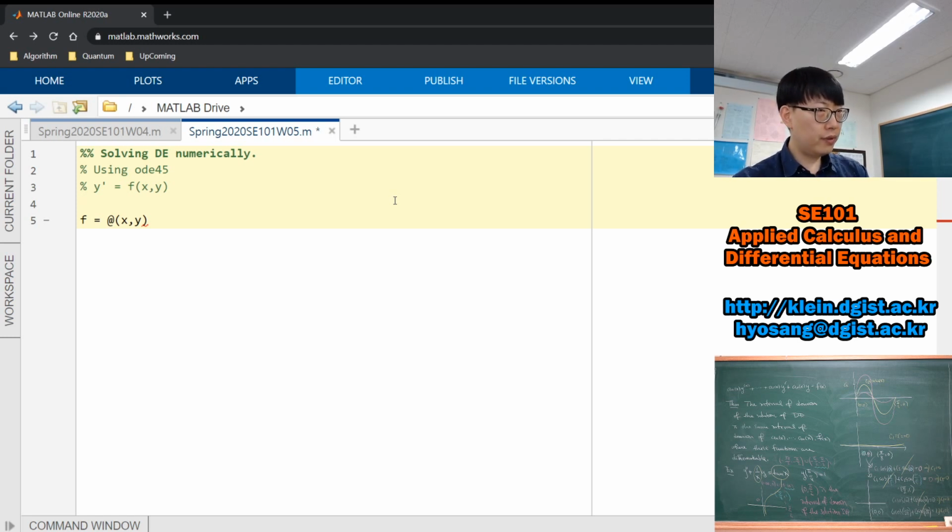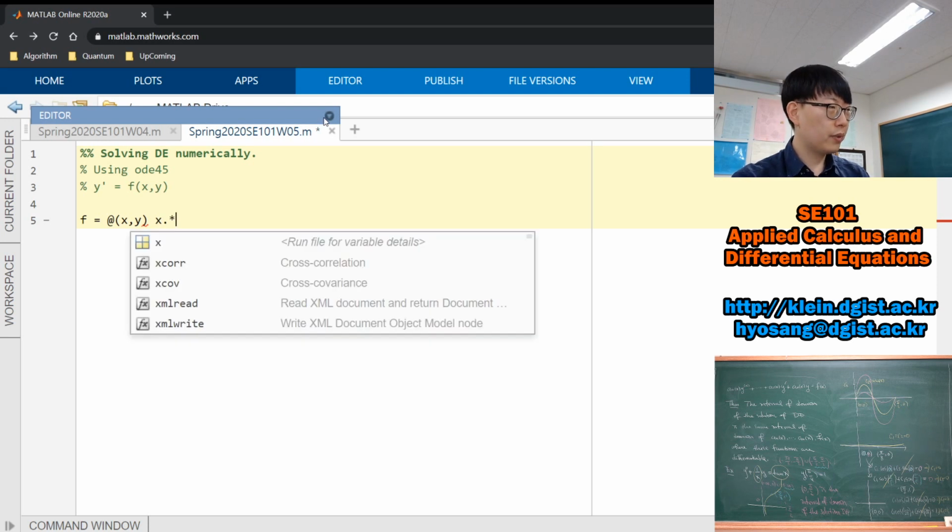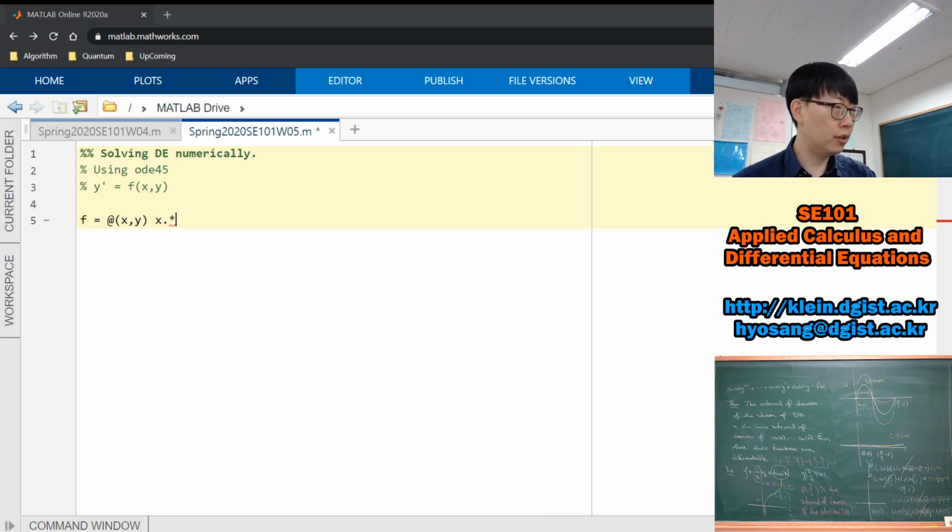So basically we start from the first order differential equation, and the function f(x, y), the two variable function, is defined as an anonymous function. Let's start from the equations that we started from. So here in the lecture 4, okay, let's start from the example.